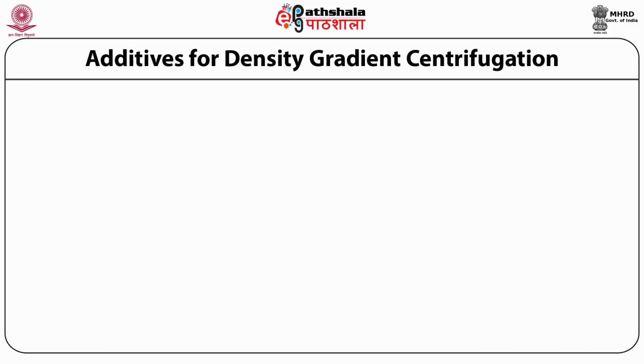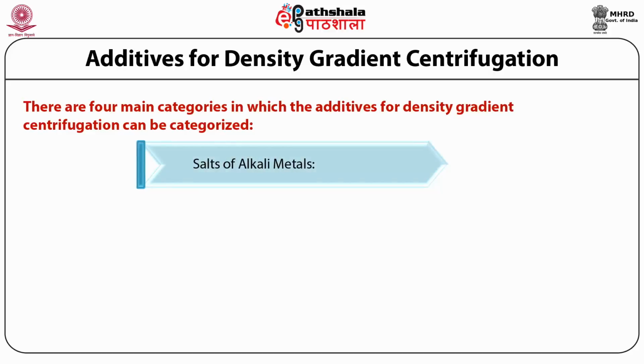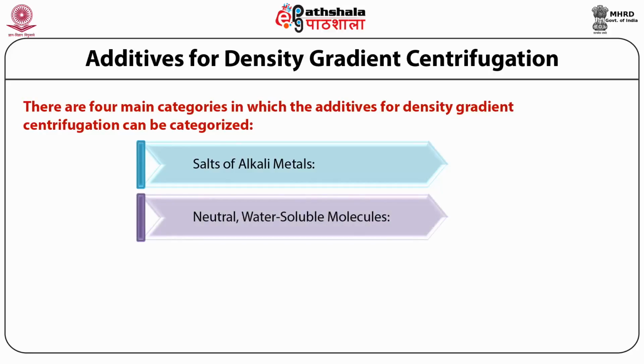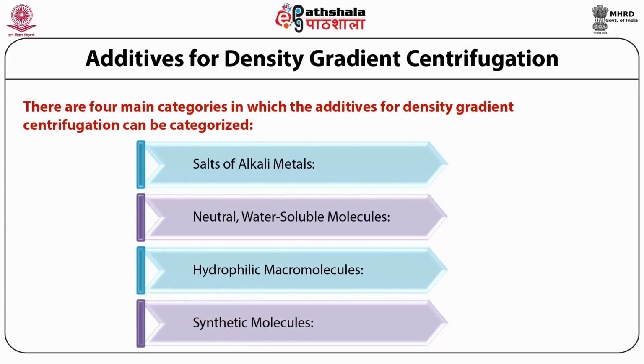We will discuss some additives used for density gradient centrifugation. There are four main categories in which the additives for density gradient centrifugation can be categorized. One is the salts of alkali metals, second is the neutral water soluble molecules, third is the hydrophilic macromolecules, fourth is the synthetic macromolecules.